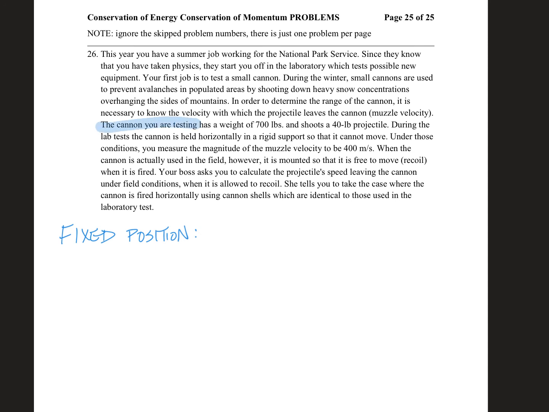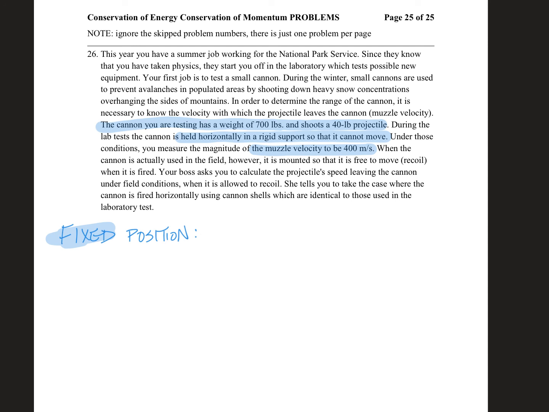The cannon you're testing has a weight of 700 pounds and shoots a 40-pound projectile. So these will be important pieces. In lab tests, held horizontally under rigid support so it cannot move. Okay, so it's fixed position. And the muzzle velocity is 400 meters per second. Okay, so in that fixed position, there's no recoil.